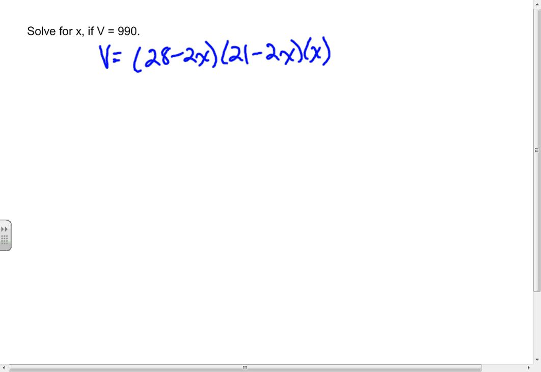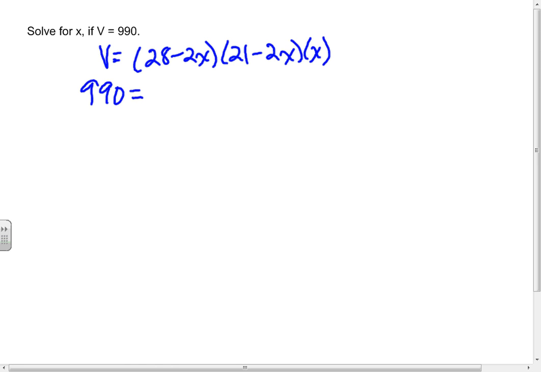So if we know our volume, we want to find the size of a little square we would need to cut out to get that volume. So I substitute a 990 there, and I am going to tidy up that mess.